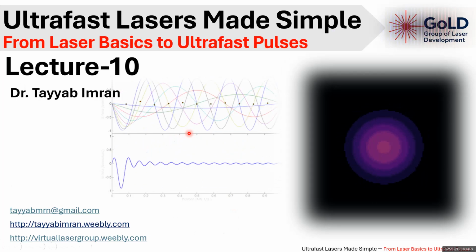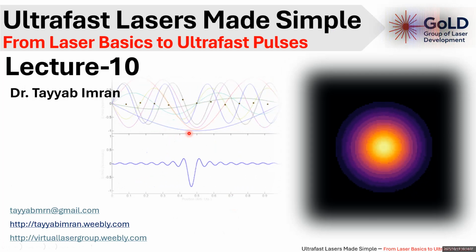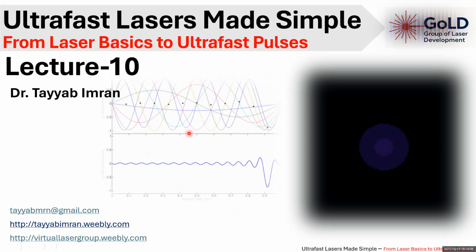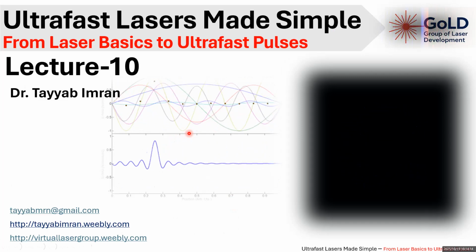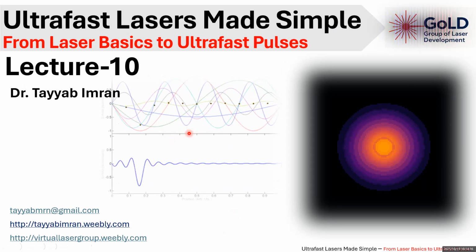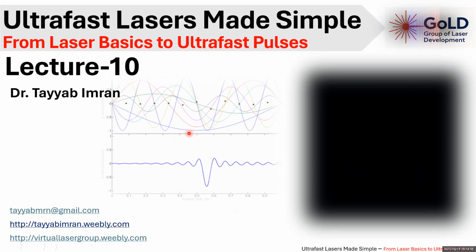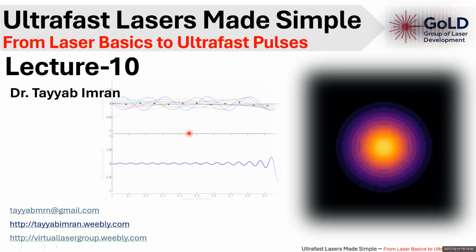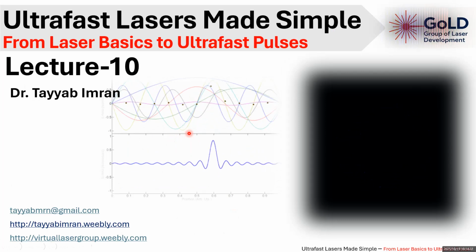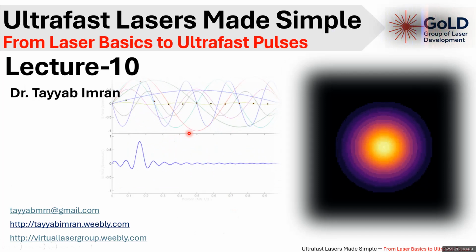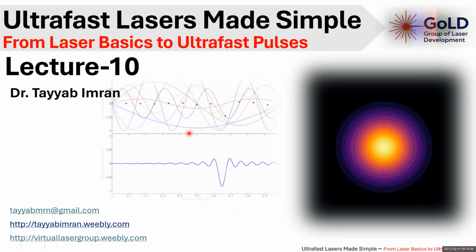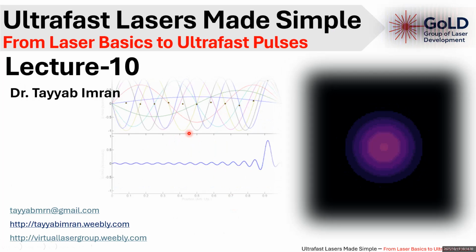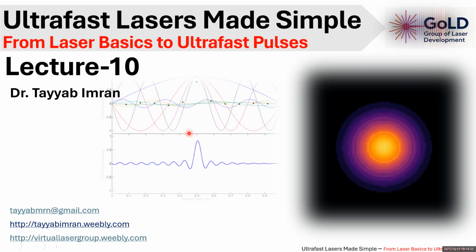In the case of a normal CW laser, or a very long pulse laser, we don't need these modes, and as in the previous lectures, we have to control the modes. But for ultrafast or short pulse lasers, we need these modes.